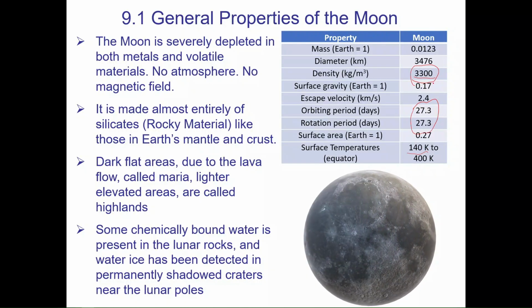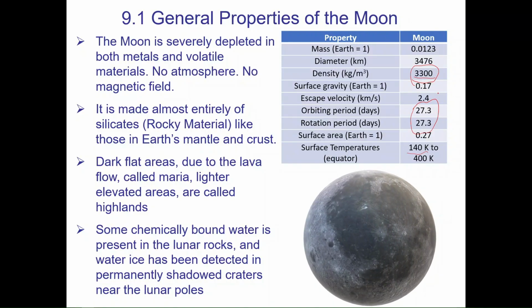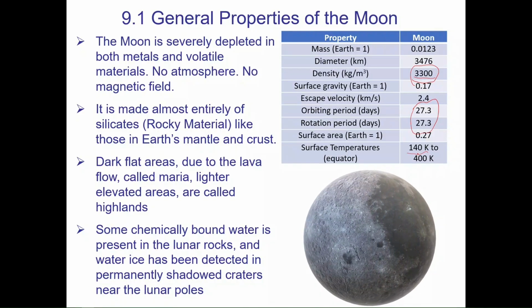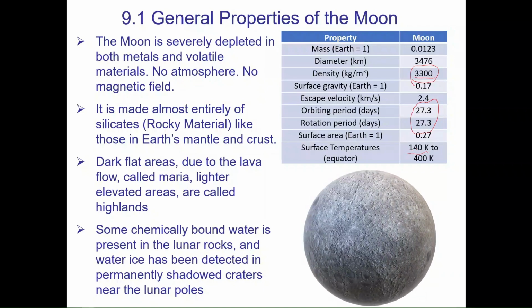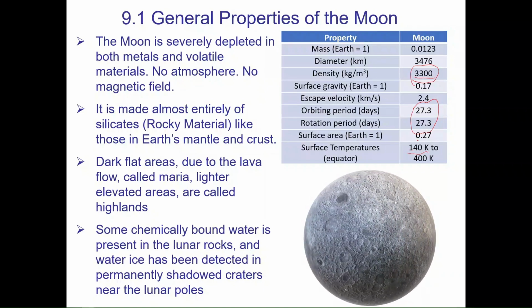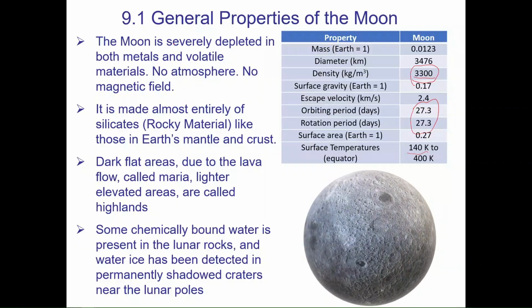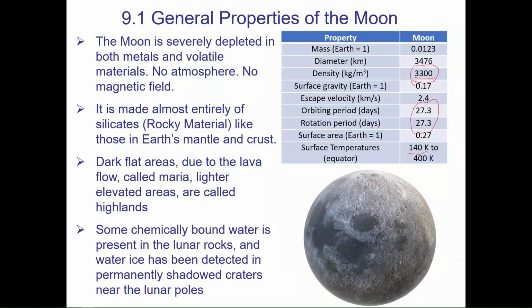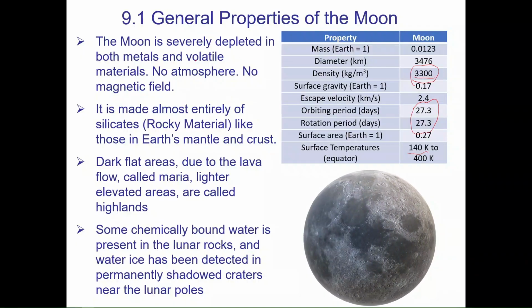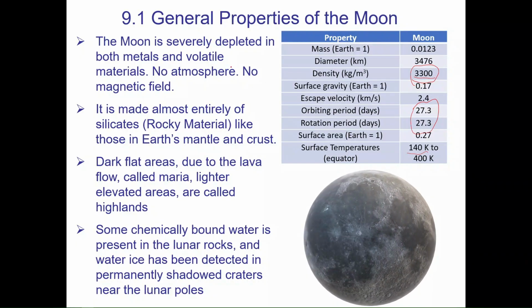Based on some of the properties as well as some samples we actually take from the moon and study, we found the moon is severely depleted in both metals and volatile material.